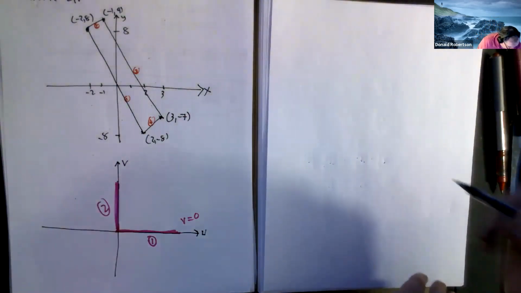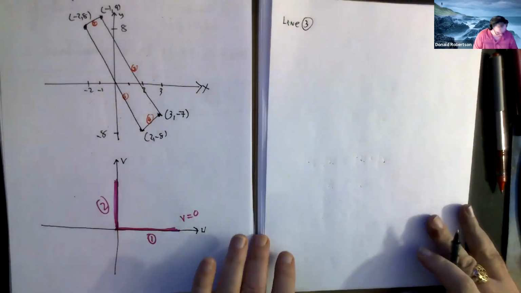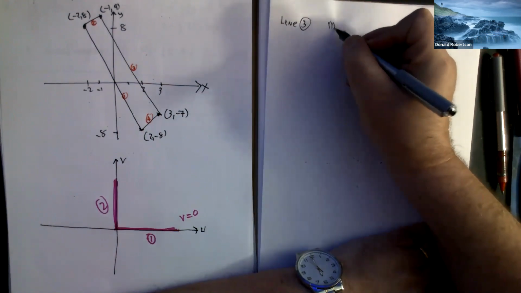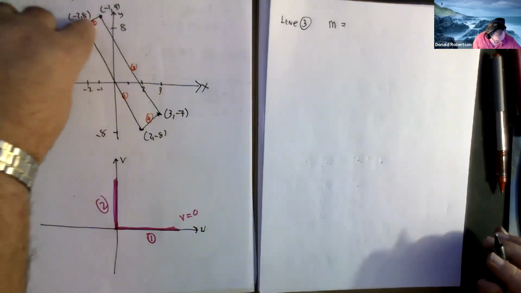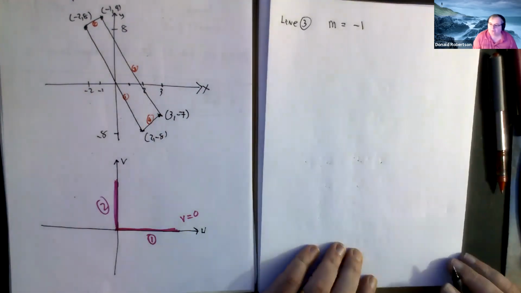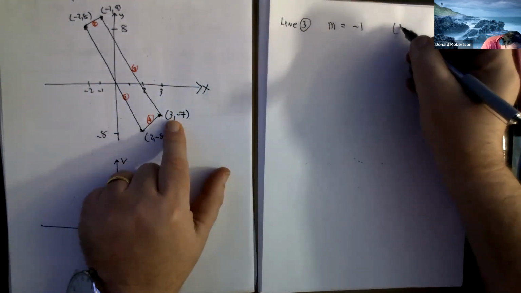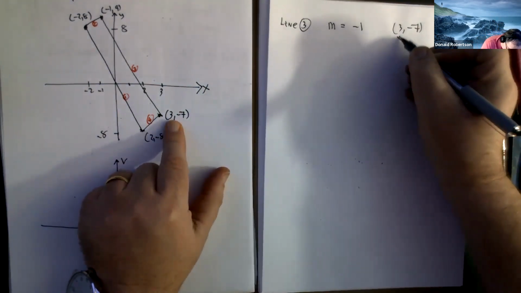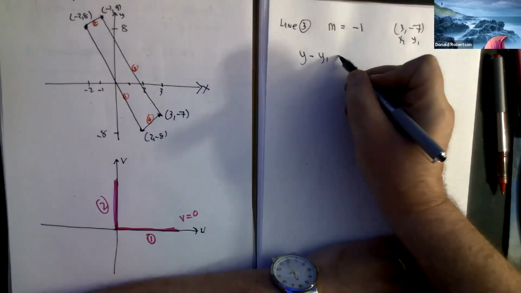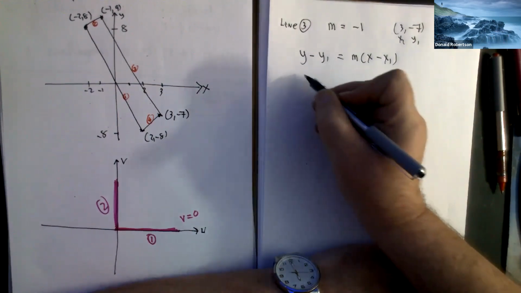Let's pick our third line, which is line 3. And I'm going to do a little bit of a cheat here because I want to speed things up. Would you agree that line 3 is parallel to line 1, so its slope is -1? And I only need one of the points, so I'm going to pick this one because I want to call it x1, y1. So the equation of this line can be done using the point slope equation.